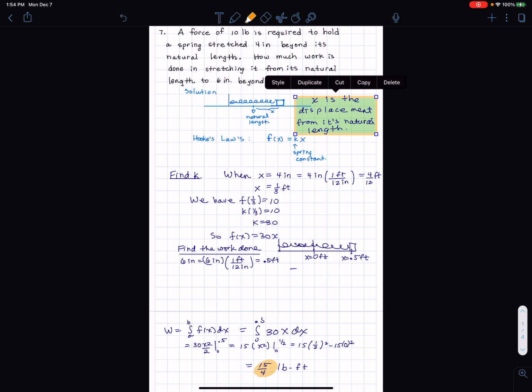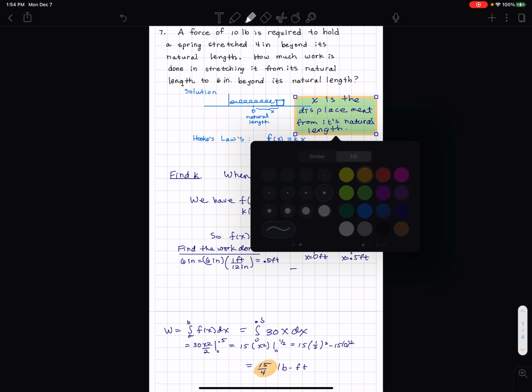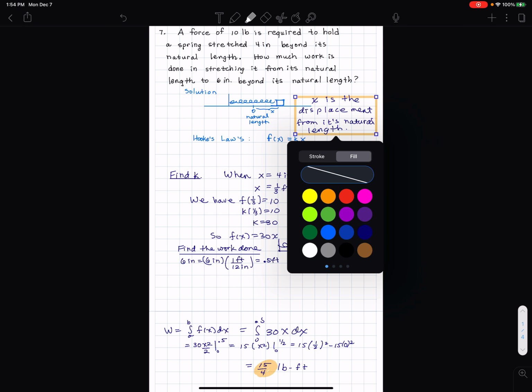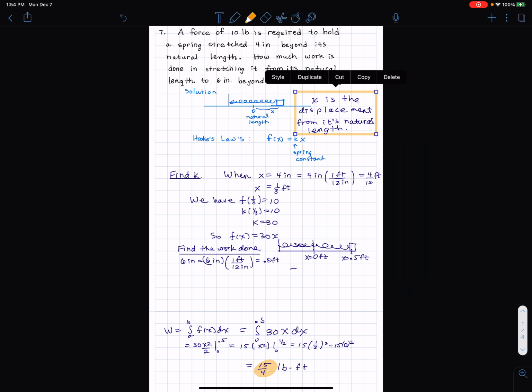And natural length is where the object that's being moved would sit if it were just absolutely fine. There's no friction here. It just sits there and wouldn't move back and forth. There's no force applied.